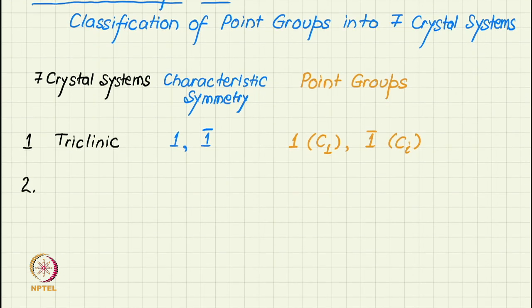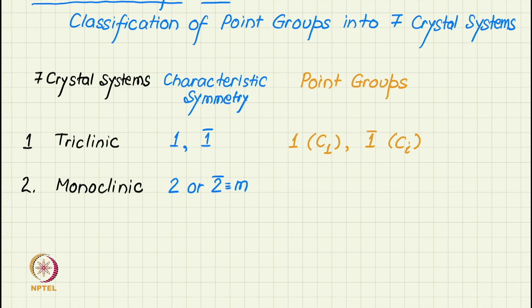The second crystal system is monoclinic. Here the characteristic symmetry is 2 or 2 bar, and you are now well familiar that 2 bar is nothing but a mirror plane.